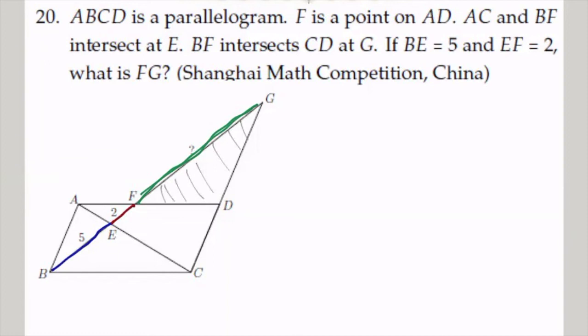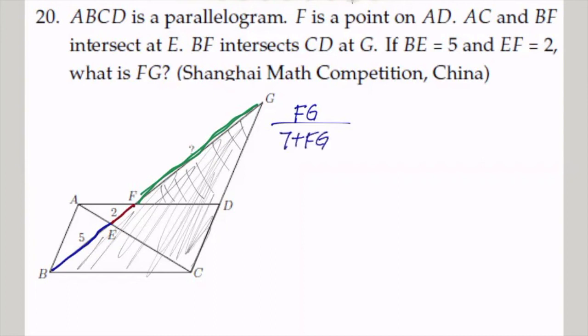FDG, and the larger one, BCG, they're similar because FD and BC are parallel with each other, which tells us that FG over the side of the corresponding larger one, that is 7 plus FG, is the same as FD over BC, right?